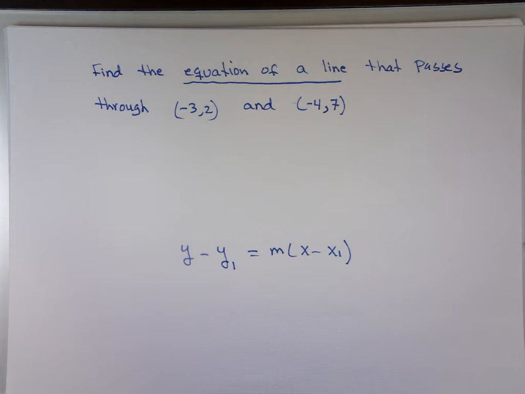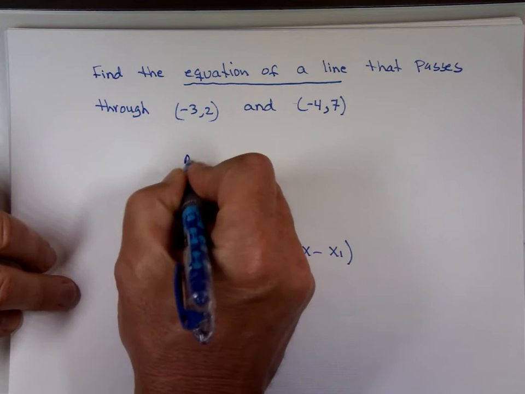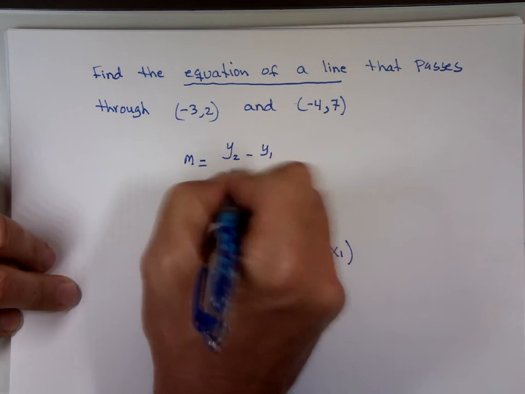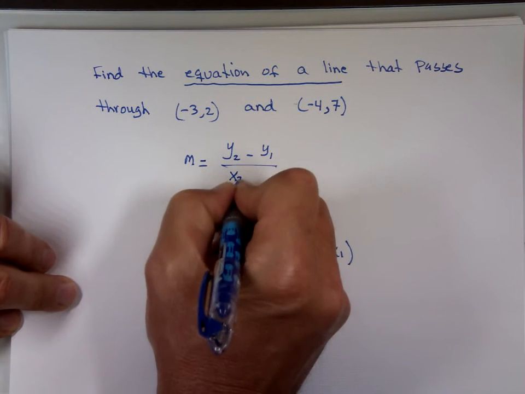But to use this, what do you need? Slope. Do we have the slope? So what do we need to do first? Find the slope first. That's why I left a space there. So to find the slope, we go back to what? y2 minus y1 over x2 minus x1.